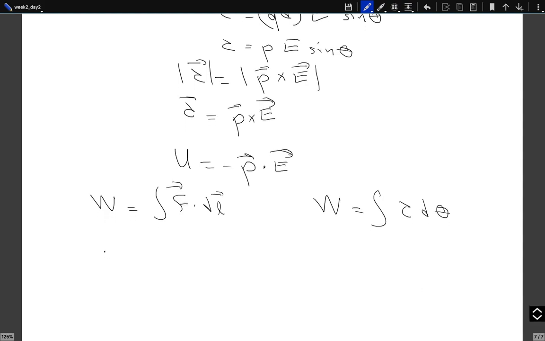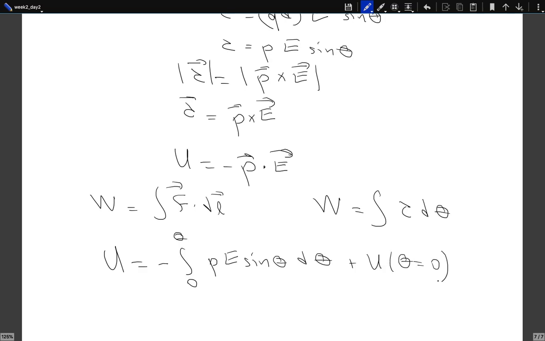So the potential energy is minus the integral of the torque, which is P E sine theta times d theta, from theta equal to 0 to some final theta, plus the potential energy at theta equal to 0.